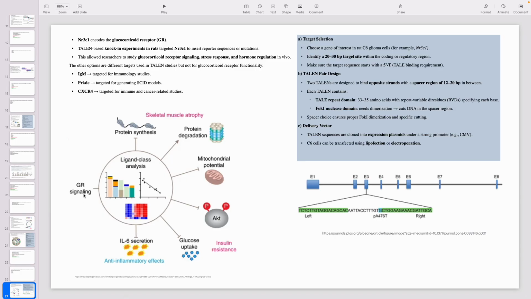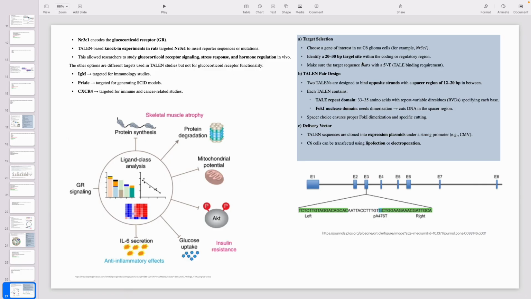This glucocorticoid receptor is involved in various pathways and functions, which are glucocorticoid receptor signaling, stress response, hormonal regulation, or the protein synthesis degradation mechanism, glucose uptake, etc. So after the knock-in into this gene, or after mutating this gene, they can study the effect on glucocorticoid receptor signaling, the stress response, or the hormonal regulation in vivo, and then they can also relate it to the human.